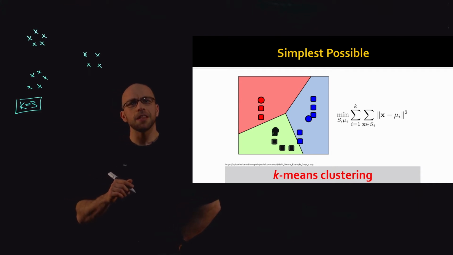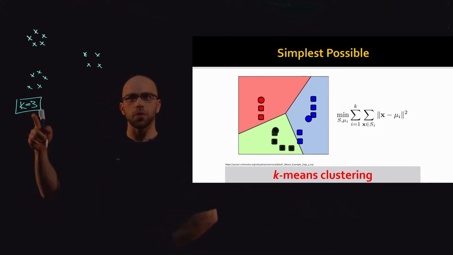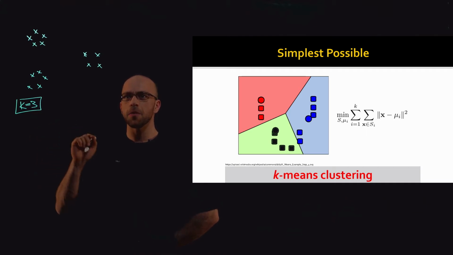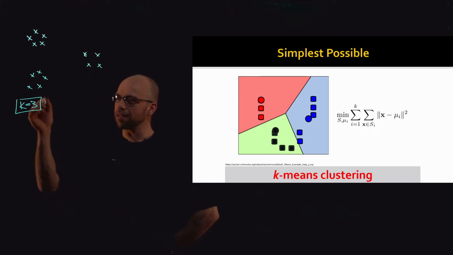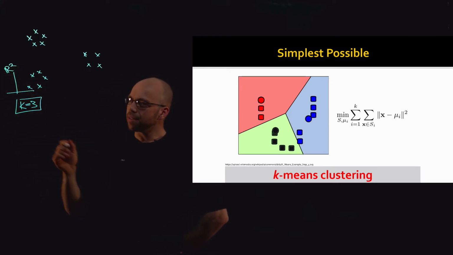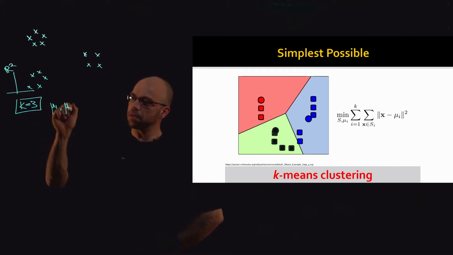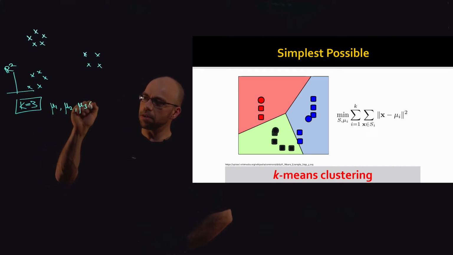So the k-means problem says that what I'm going to do is search for 3 representative points that in some sense are summarizing my data set. So if k equals 3, and here I'm in the 2-dimensional plane, then essentially my unknowns in this problem are going to look like mu1, mu2, and mu3, which are all points in the plane.